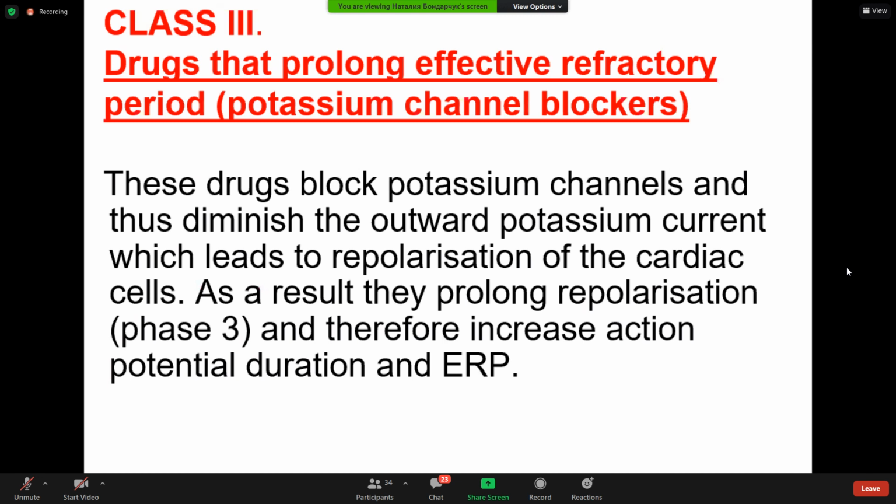These drugs block potassium channels, and thus they diminish the outward potassium current, which delays repolarization of the cardiac cells. So these antiarrhythmic drugs prolong repolarization phase 3, and therefore increase action potential duration, and also increase duration of the effective refractory period. This is the antiarrhythmic action.